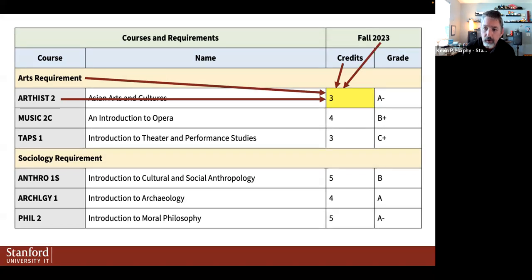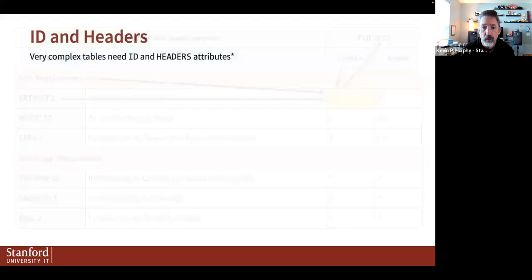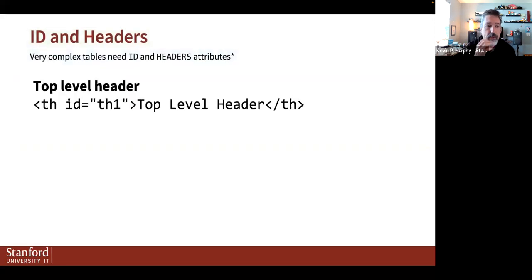Well, we use headers and ID values in order to associate any 2 cells with each other. Our top level header is going to be, again, a TH, and it's going to have an ID value. In this case, I just chose TH1 because it doesn't really matter what those ID values are as long as they're correctly formed and they're unique.